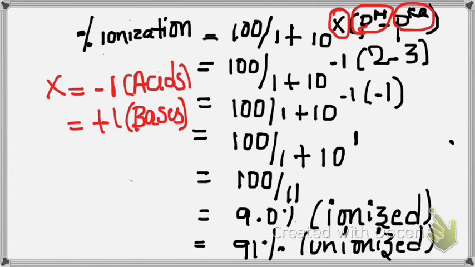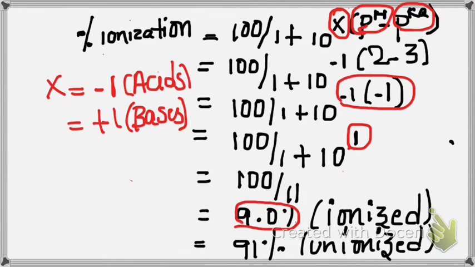We knew acetyl salicylic acid or aspirin is a weak acid, so here x is minus 1. So minus 1 into 2 minus 3. 2 minus 3 is minus 1. So minus 1 into minus 1 becomes 1. So 10 to the power of 1. 1 plus 10 is 11. So 100 by 11 gives 9.